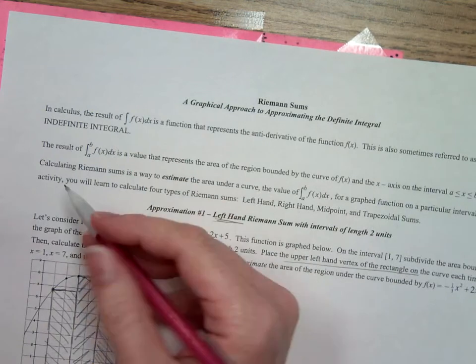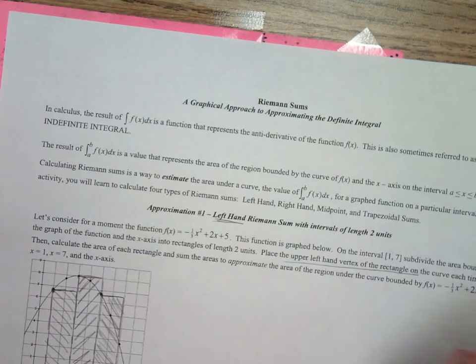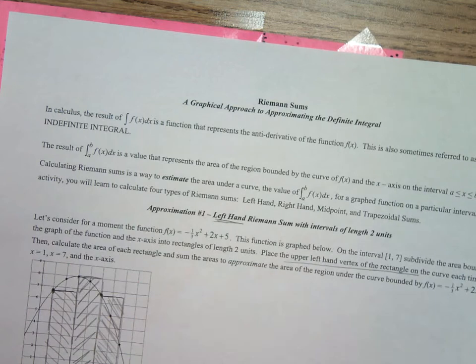Can I find this point right here? It's on the curve, right? We have a function for it. You're right. We have a function for it. I have an x value, so I can just plug it in, right?